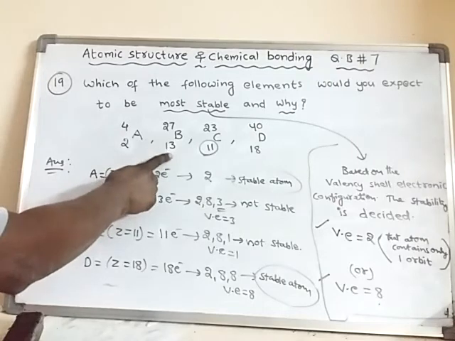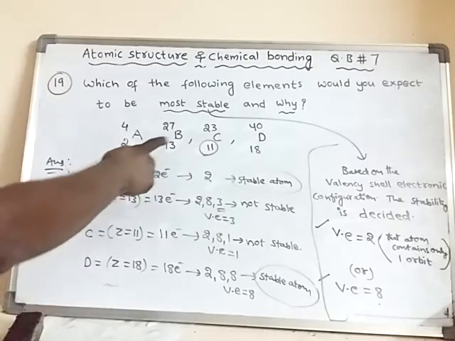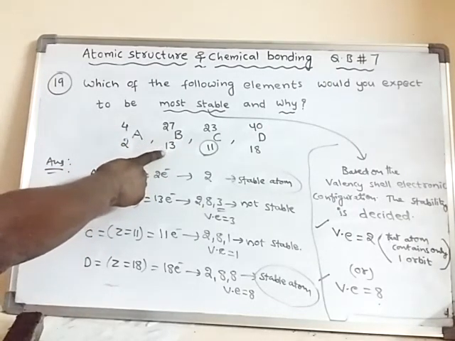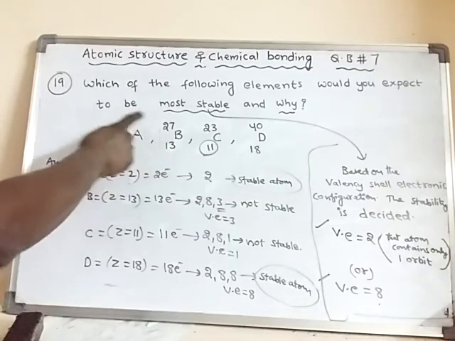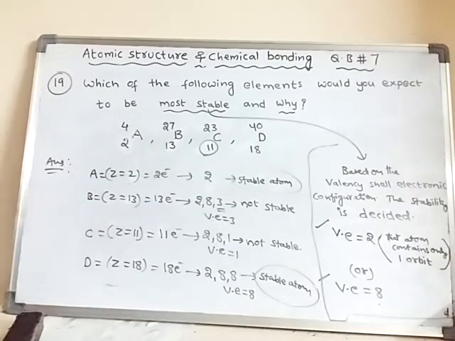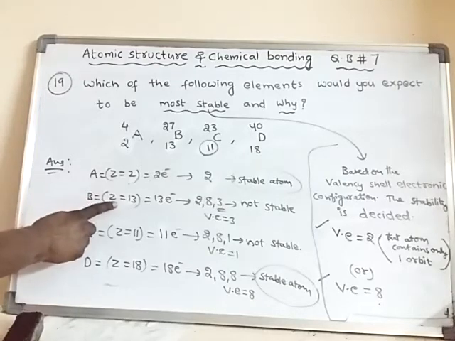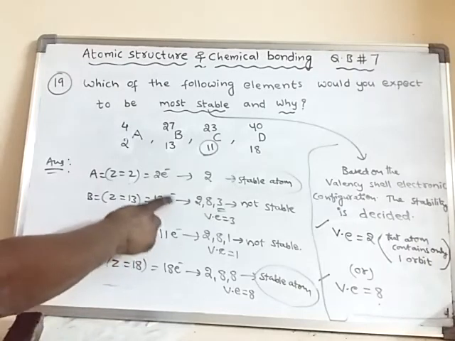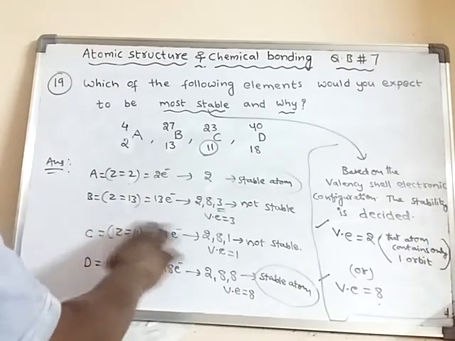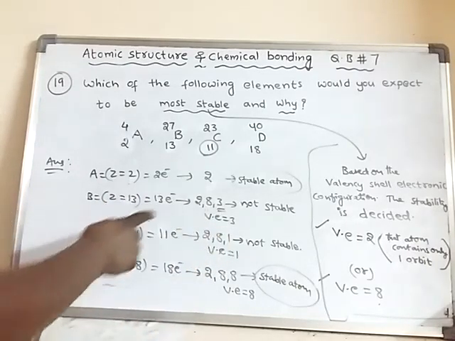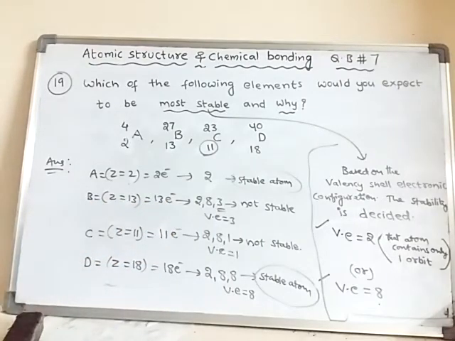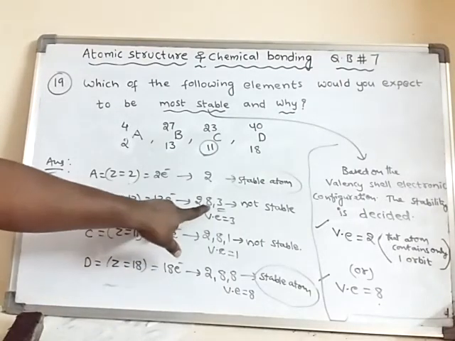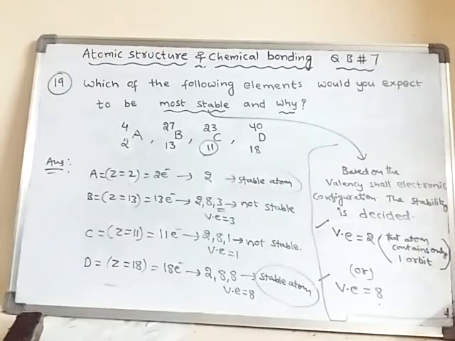Now element B has atomic number 13 and mass number 27. Hence it contains 13 electrons, distributed in 3 orbits. The first orbit can contain a maximum of 2 electrons, and the second orbit a maximum of 8 electrons.